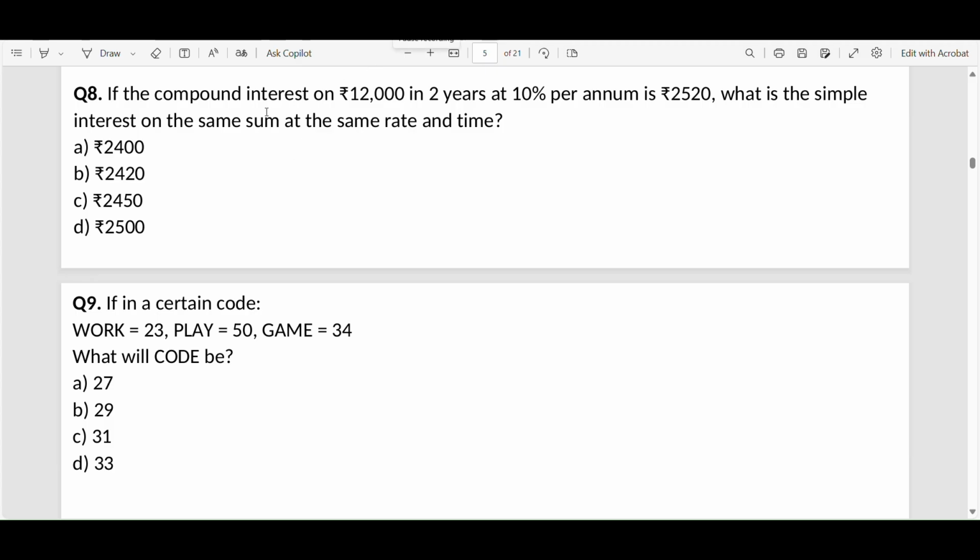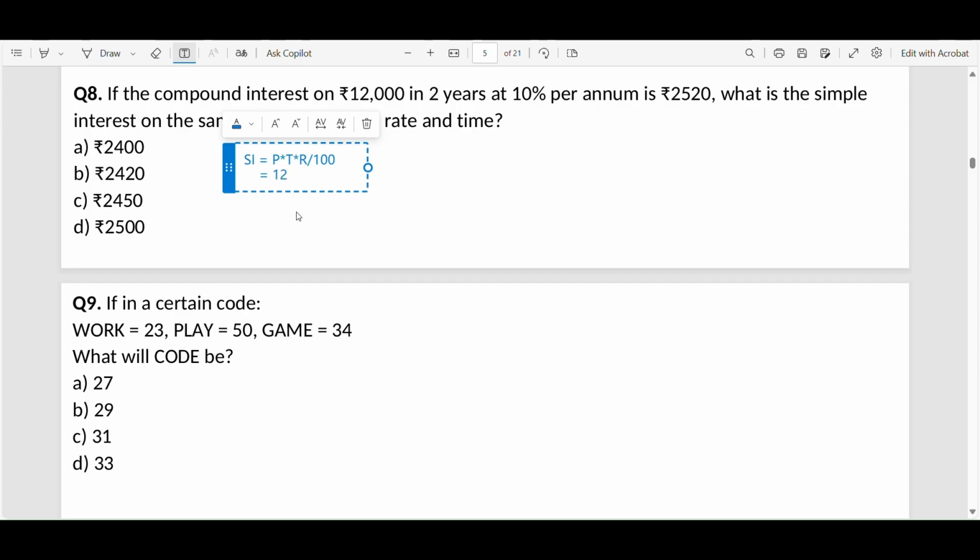Let's just calculate. To calculate simple interest, we need PTR, right? So simple interest equals PTR divided by 100.